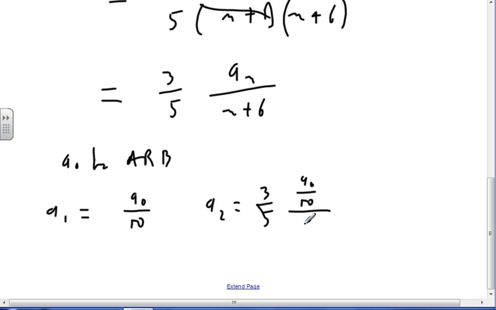So that'd be 7. 3a0 divided by 350. Oh, that's going to go up pretty fast, isn't it? And yeah, it looks like it goes up pretty fast.